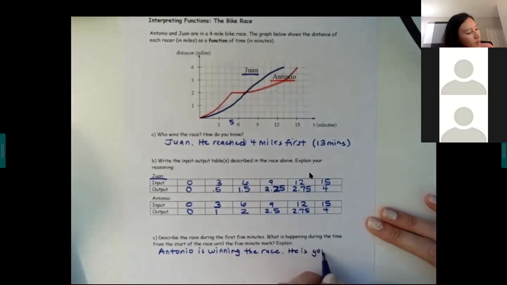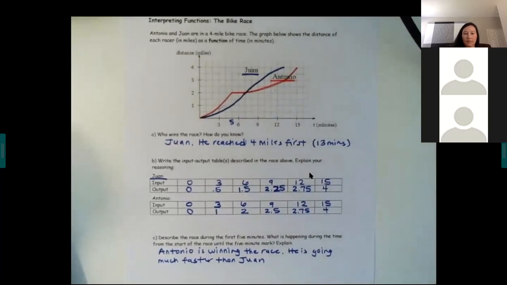He is going much faster than Juan. Any questions on the first page? Okay.